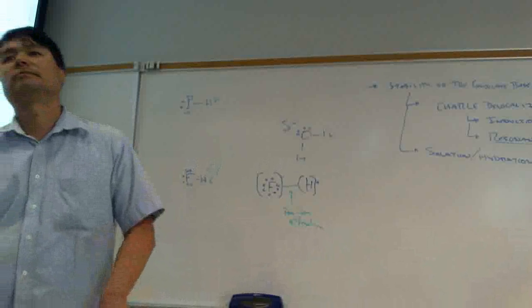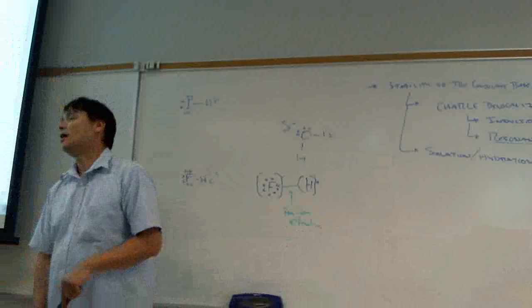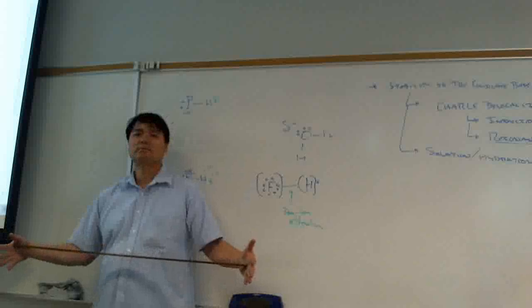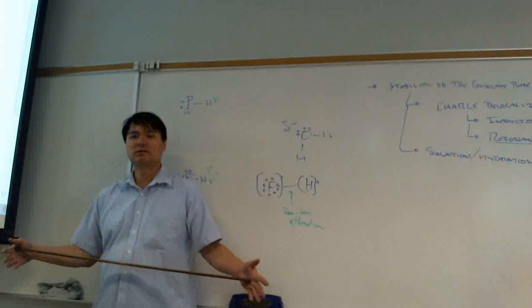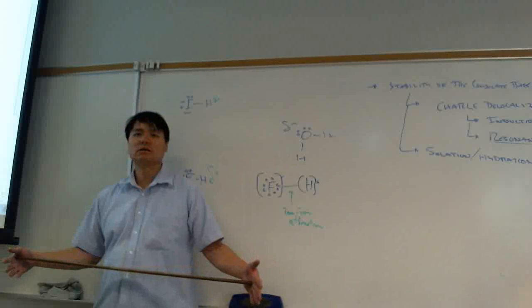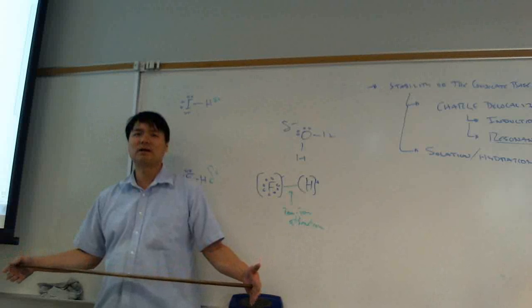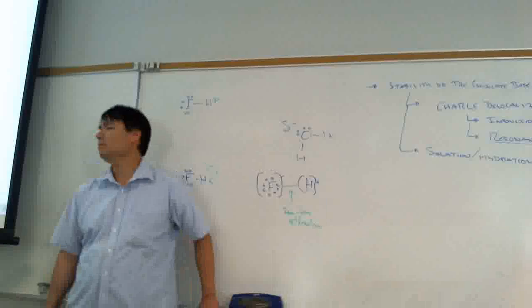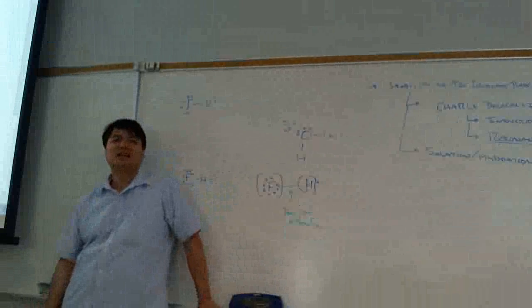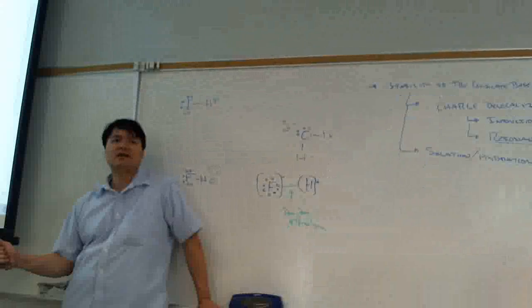Acid base, Arrhenius, 16-8. The definition of Arrhenius: H plus. Definition of Bronsted: proton donor. Definition for Lewis: acceptor, not proton, electron pair. That's it. And then the binary acids.